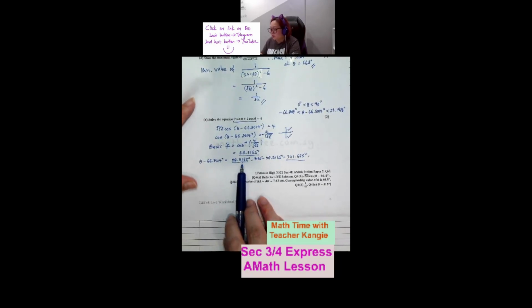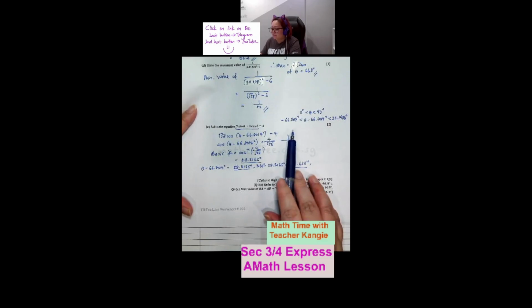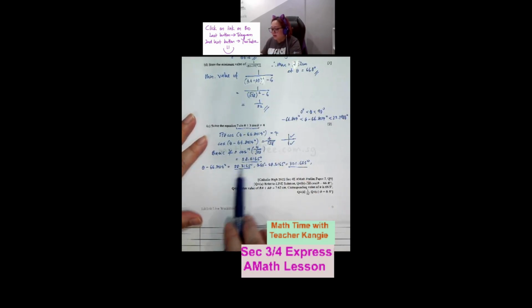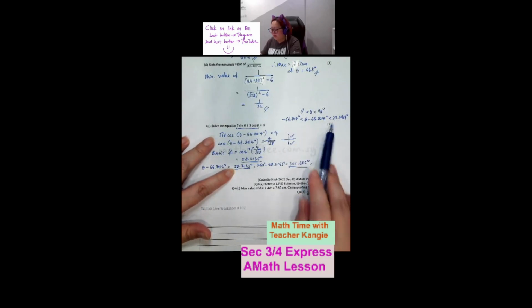Now let's take a look. These are the first two angles you have, based on first quadrant and fourth quadrant. Then we must always test for plus 360 degree, one round, and minus one round. 58 plus 360 is definitely out of my working range, so I don't bother to waste my time. This 301 is also out of my working range, so I reject it.